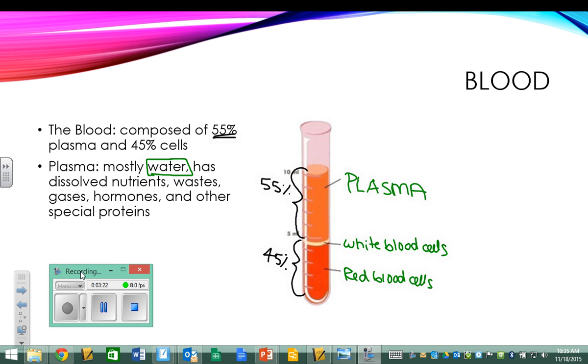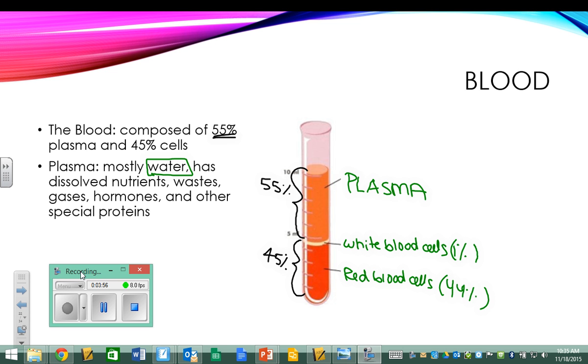When your blood is in you, everything is all kind of mixed together. This is what your blood looks like if we were to take a sample of it and let it settle and let it separate. The cells go to the bottom and the plasma goes to the top. The white blood cells form a little layer in between the plasma and the red blood cells. So of this 45%, 1% of it is white blood cells, and the other 44% approximately is red blood cells.